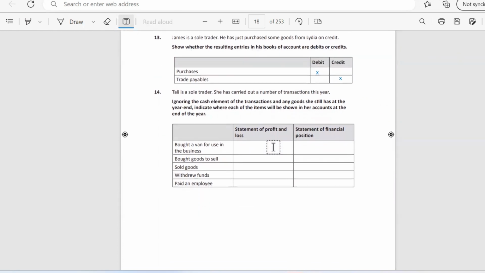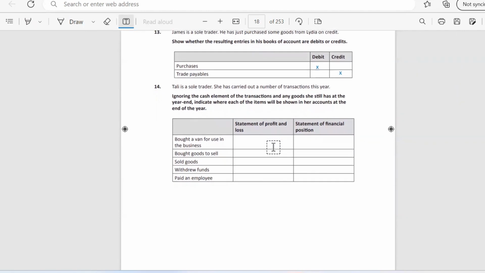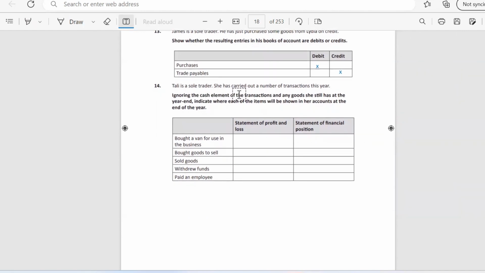Next question. Tali is a sole trader. She has carried out a number of transactions this year. Ignoring the cash elements of the transactions and any goods, indicate where each of the items will be shown in her accounts at the end of the year.